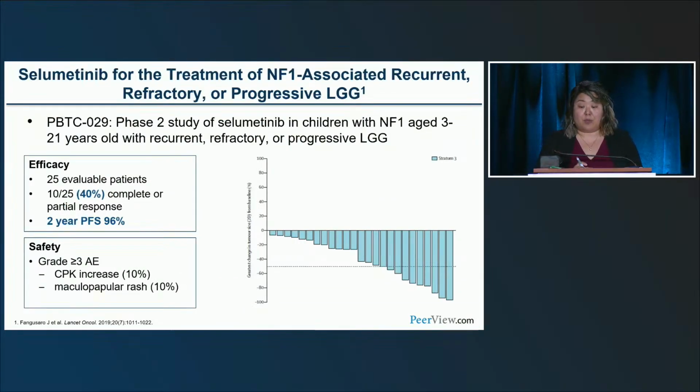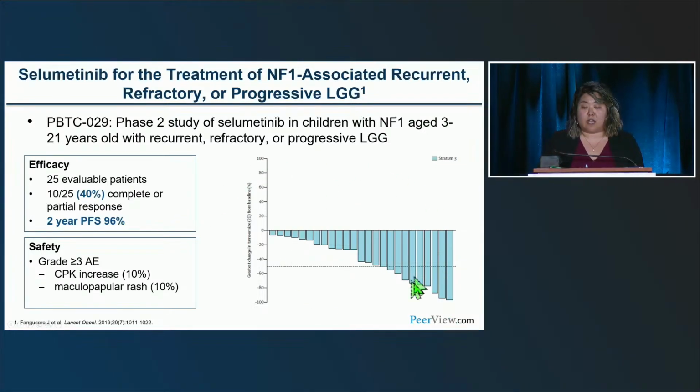So when we're looking at then treatment with our NF1-associated low-grade gliomas, there has been a great study from the PBTC group, which was a phase 2 study looking at our pediatric patients, and they were able to find that 40% of the patients had a complete or partial response with a 2-year progression-free survival of 96%.